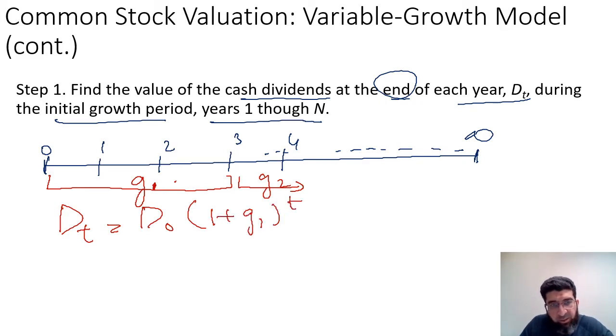So this is the first growth rate. Let's say we are using it for 3 years, so we are going to use t equal to 3, and the growth rate will be compounded over 3 years, multiplied by D naught, which will give us the dividend at time t.